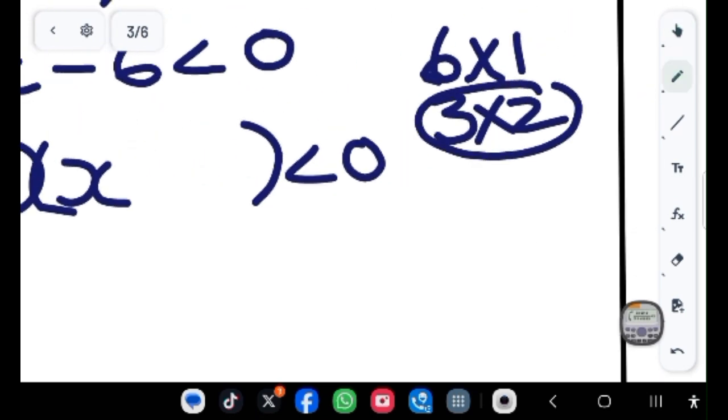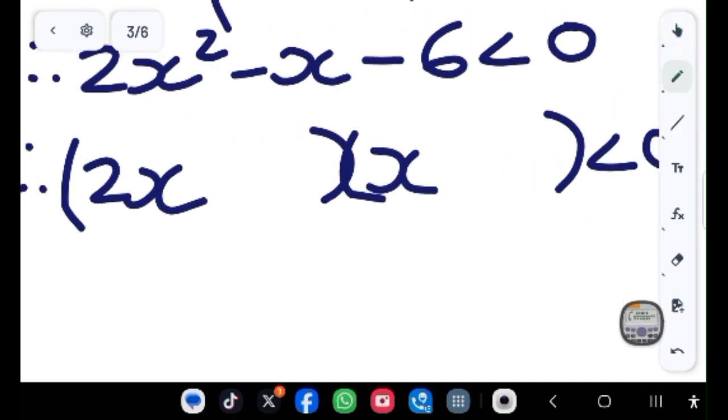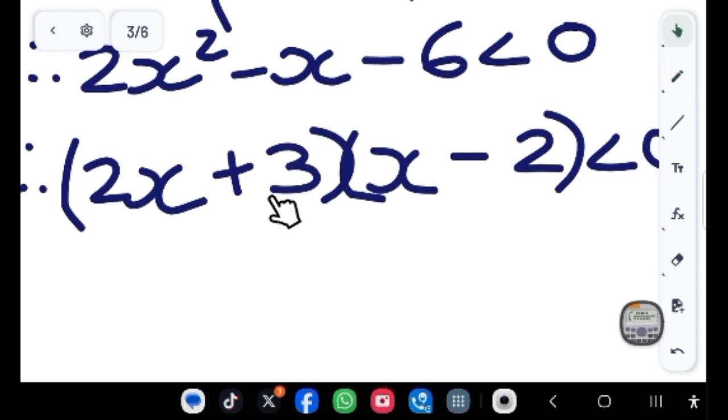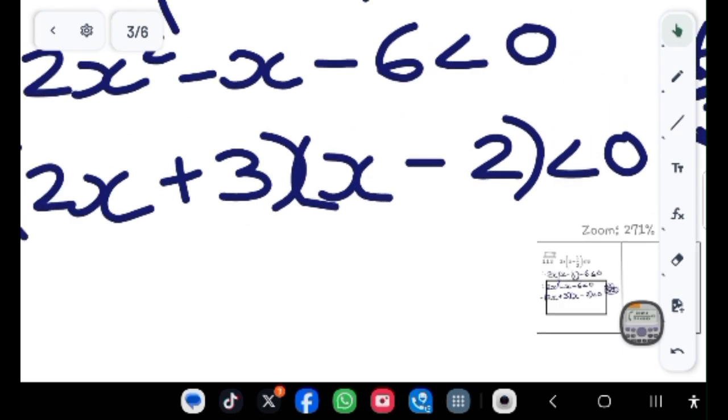This one 3 and 2, because if we put 2 over here, it will give us 2 times 2, which is 4. In fact, let's put a minus, plus and then 3. 4 minus 3 will give us, negative 4 plus 3 will give us negative 1, and that's why we use those ones.